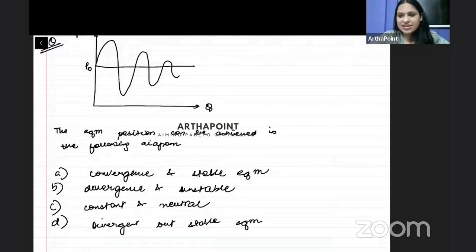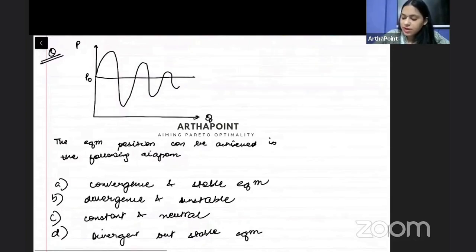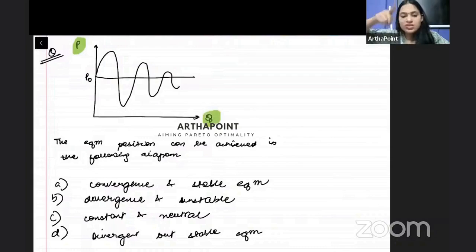It's a little different kind of question. तो यहां पर what I am going ahead and doing is I have given you the relationship between price and quantity using this curve and you have to tell that इनमें से कौन सा होगा जो हमारा इक्विलिब्रियम कंडीशन को डिफाइन कर पाएगा. Try to think about it. Is it convergence and stable equilibrium, divergence but unstable equilibrium, constant and neutral equilibrium, या divergent and stable equilibrium? Okay, A, B, A, C, D. Okay.